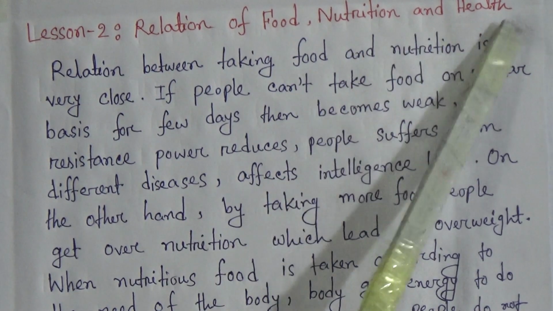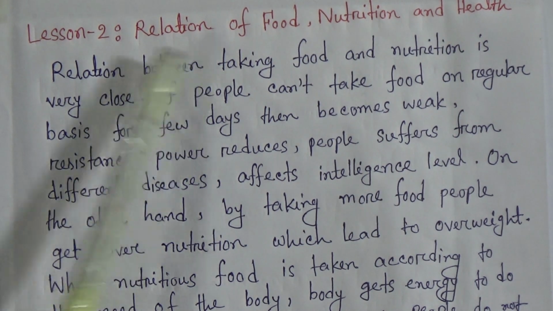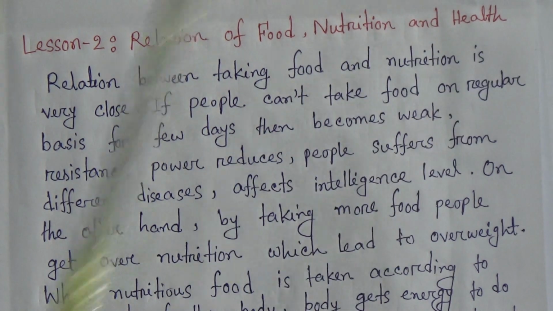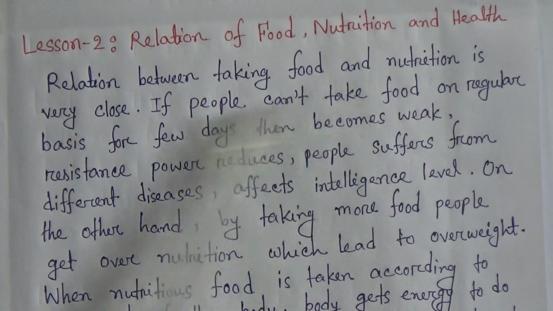Now lesson 2, relation of food, nutrition and health. You know that, dear student, there is a close relation among food, nutrition and health. The relation between taking food and nutrition is very close.